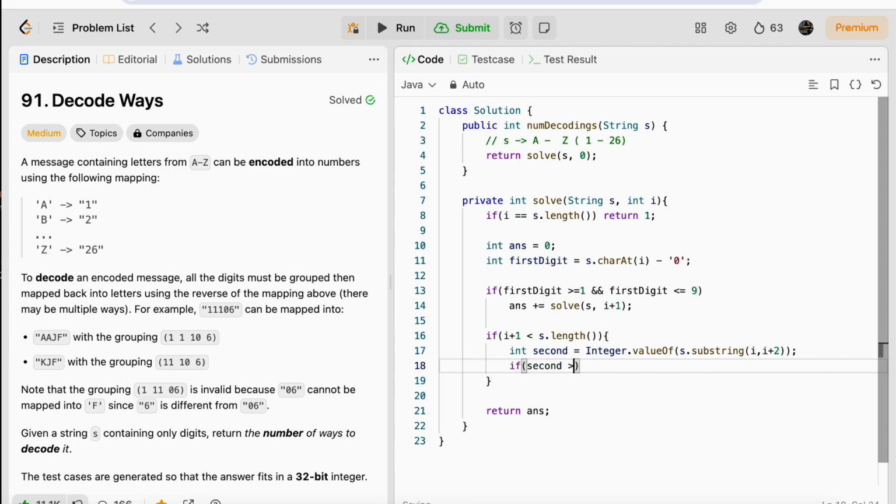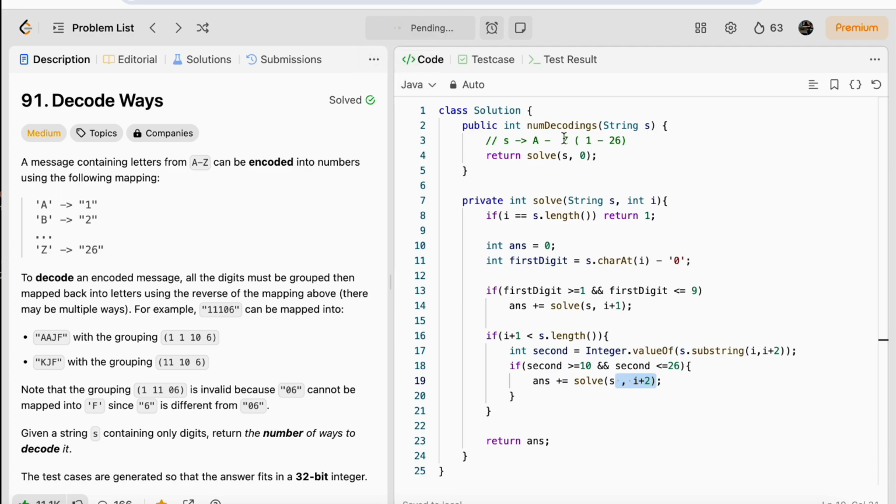If second is greater than or equal to 10 and less than or equal to 26, in this case we can decode it, and I will add it to my answer. Answer plus equals solve(s, i + 2). As we have considered two characters, we shift i two characters ahead.